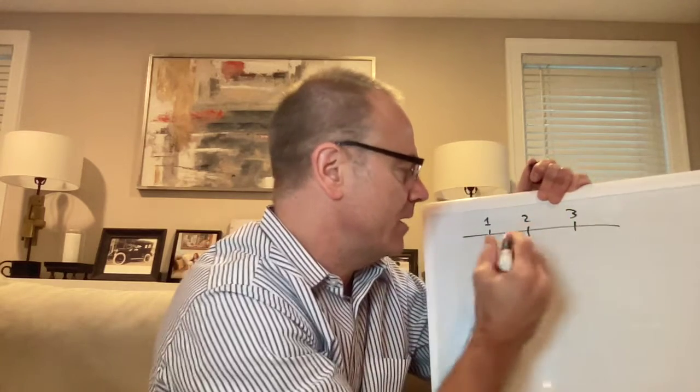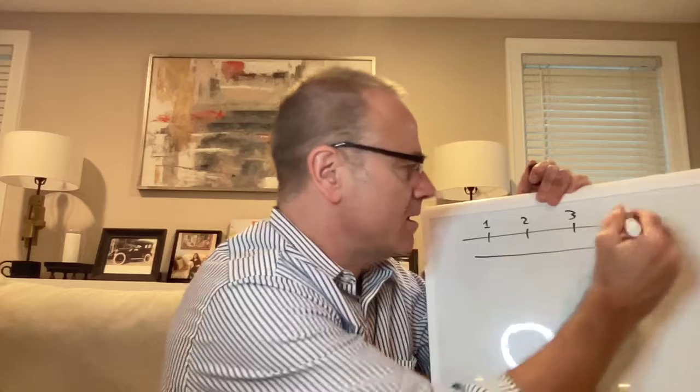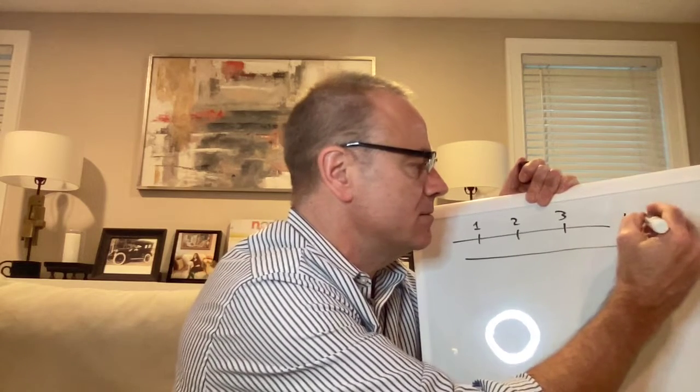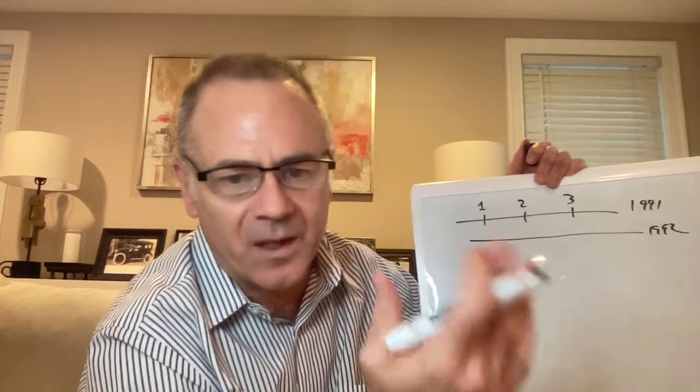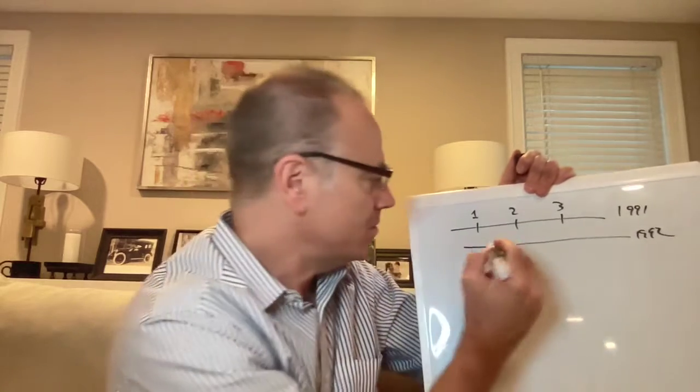Say this is the scores, and there are only three legislators, one, two, three, in 1991 and 1992, two random years.